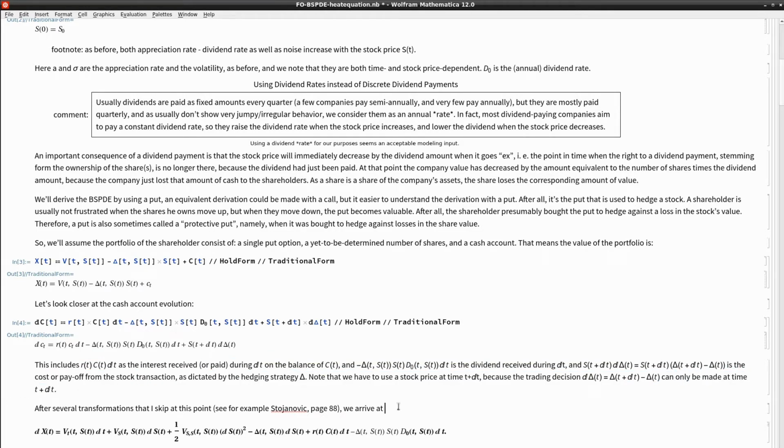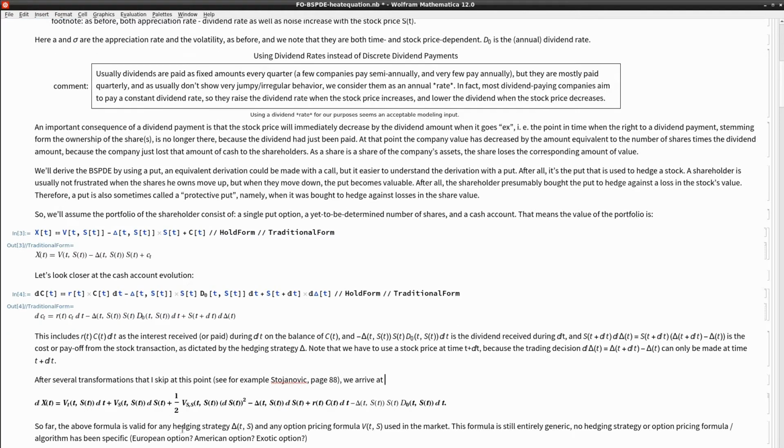All right, and next, after several transformations that I'm skipping here, and please have a look at page 88 in the Stoyanovich book, I spare you the details at this point. We are arriving at this SDE. This is the differential on the portfolio value, right? And keep in mind, portfolio value consists of our stock portfolio, derivatives portfolio, plus cash portfolio, right?